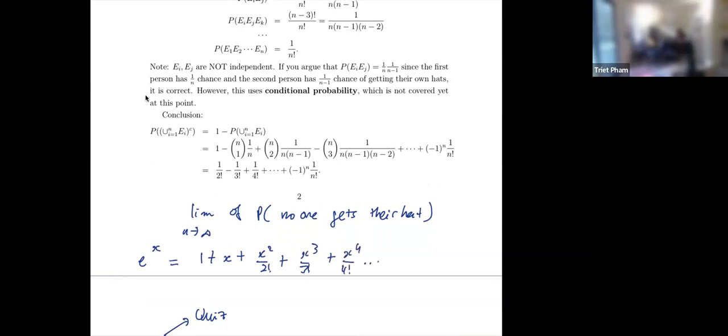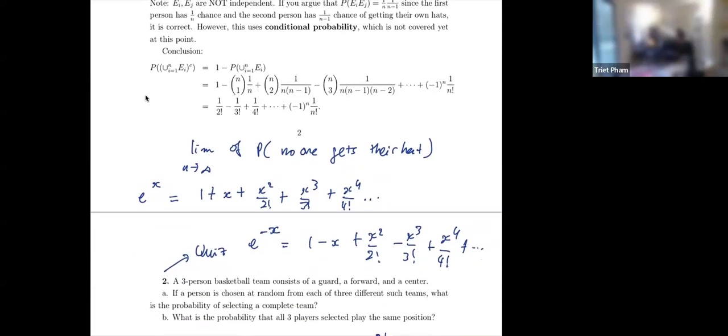This is the Taylor expansion for e to the x. So if you look at e to the minus x, that's 1 minus x plus x squared over 2 factorial minus x cubed over 3 factorial, plus x to the 4th over 4 factorial, and so on.